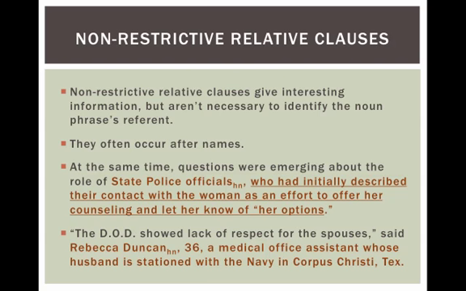And that's the test. Can we identify the referent of the noun phrase without the relative clause? In this case, yes. See, same thing in the second example. The DoD showed a lack of respect for the spouses, said Rebecca Duncan. That could be the end of the sentence here, but we've got two extra pieces of information. 36, so age, I'm not sure why that's relevant. A medical office assistant whose husband is stationed with the Navy in Corpus Christi, Texas.